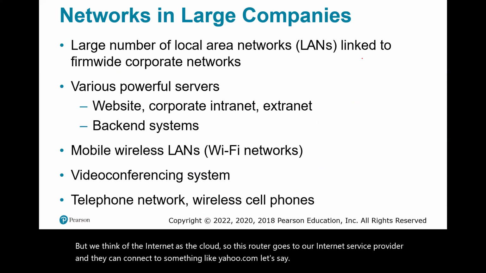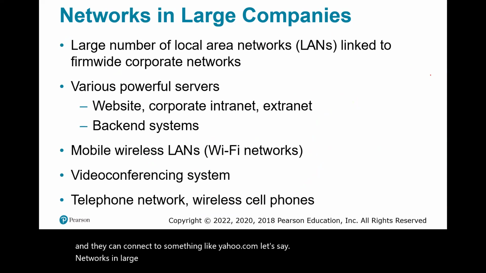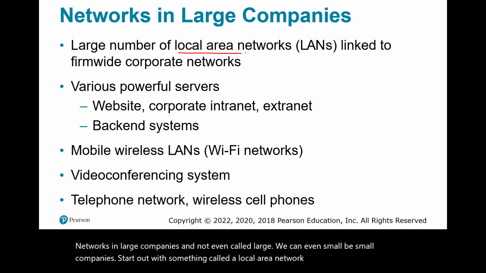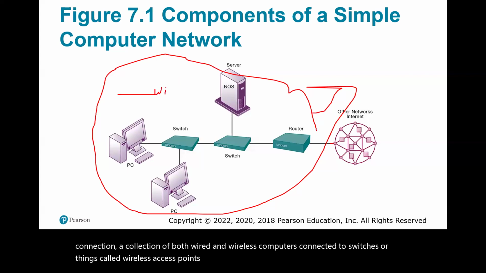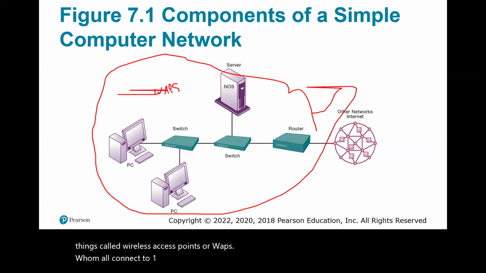Networks in large companies, I'm not even going to say large, we can even be small companies, start out with something called a local area network, or LAN. This is typically a collection of both wired and wireless computers connected to switches or things called wireless access points, or WAPs, which all connect to one router and get out to the internet.